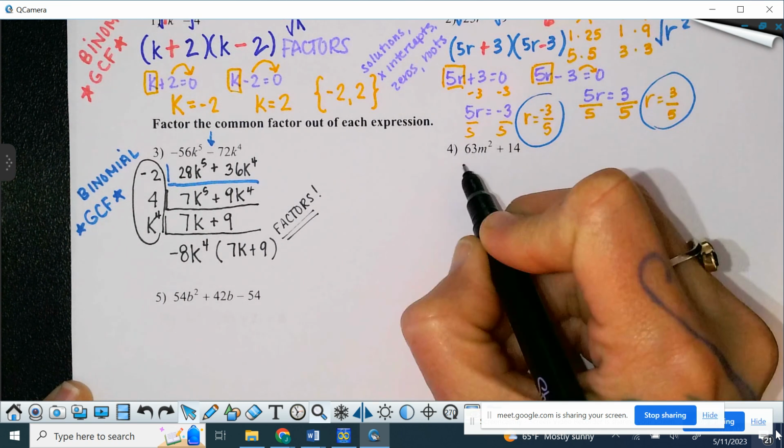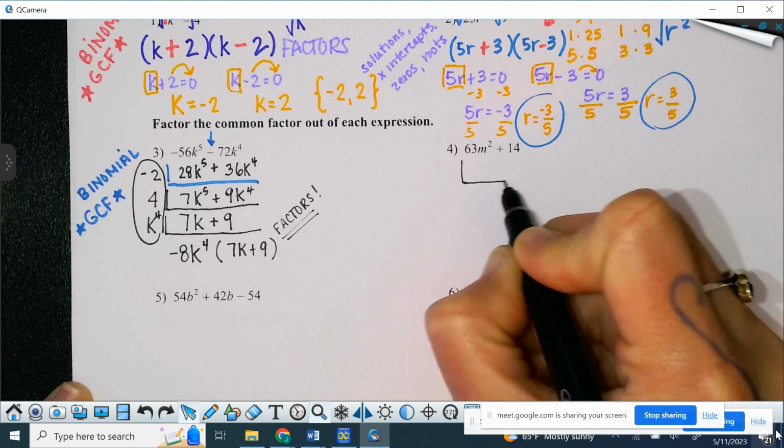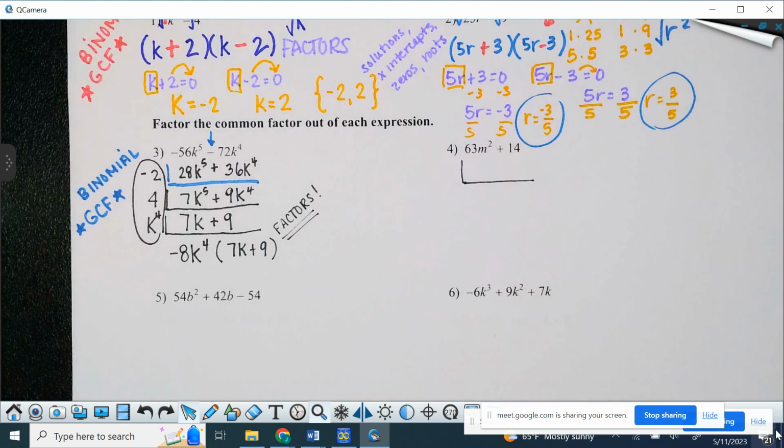63 and 14. What's the biggest number you can think of that they both have in common? You don't have to be the biggest number right off the gate. Just what's the number you think they both have in common you want to try? Sure, let's try 7.